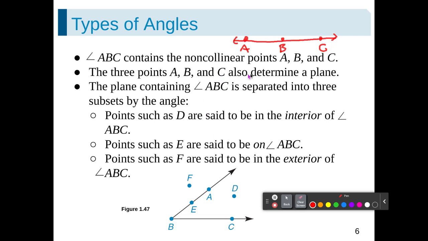Three points A, B, and C also determine a plane. The plane containing A, B, C is separated into 3 subsets. Points such as D are going to be in the interior of the angle. Points like E will be on the angle, and points like F will be on the exterior of the angle.